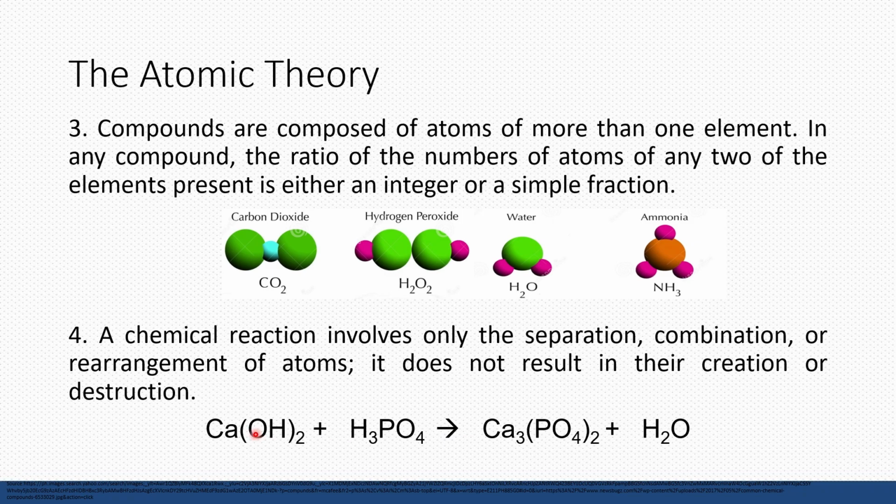And the oxygen, hydrogen, phosphorus, or all elements present in the reactants should also be present in the product side. Okay? So there is no new element and there is no element that would be lost in the chemical reaction. So that's what it says in the fourth statement.